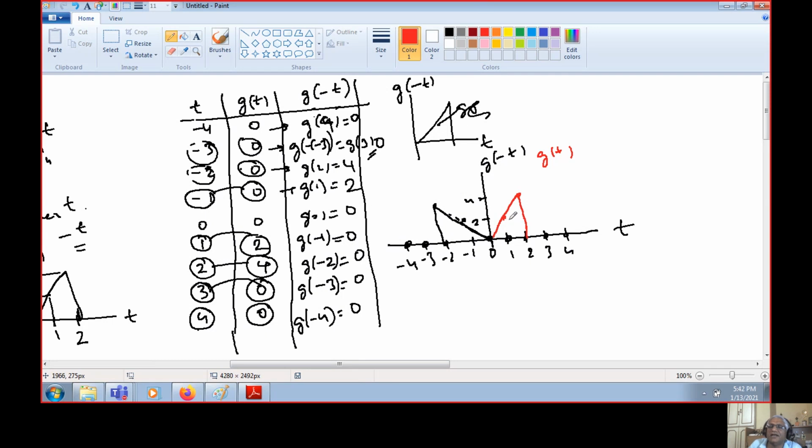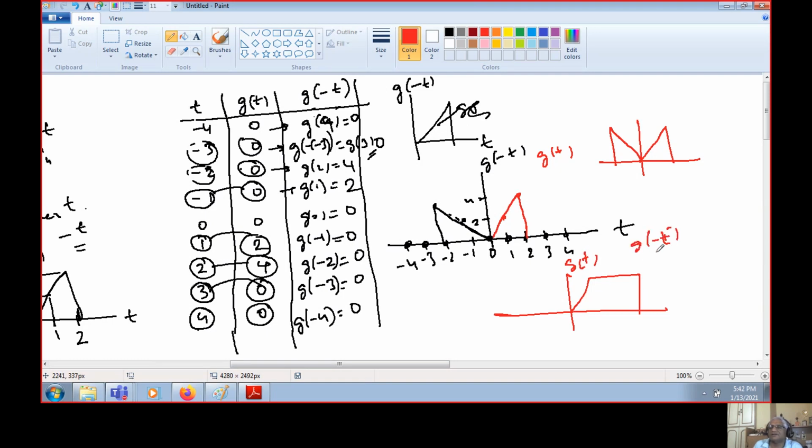So if this was g of t, what happened to g of minus t? You observe here what happened. If you had g of t like this, g of minus t has become like this. That means it has just reversed its shape. You understand? So when somebody gives you some function, let us say something like this, and asks you what is g of minus t, how will you answer this question? You will not do all these things.